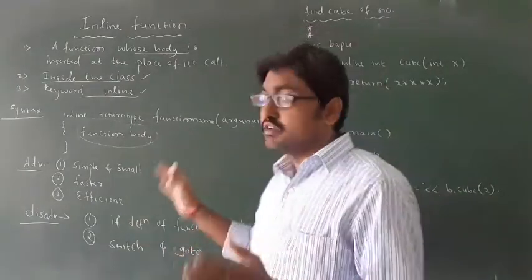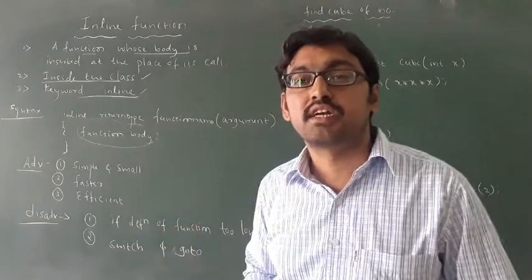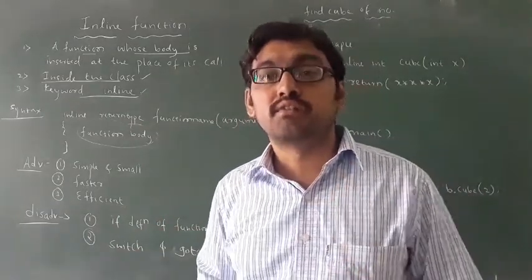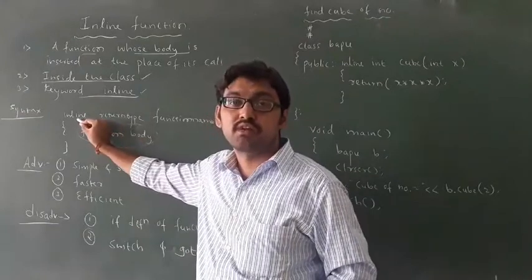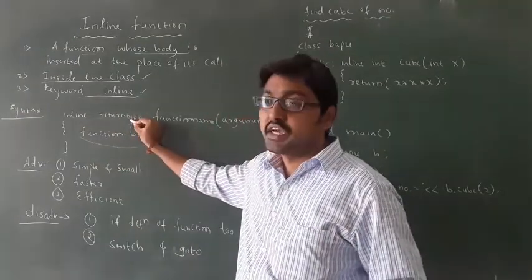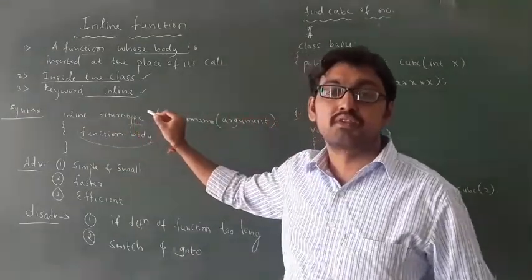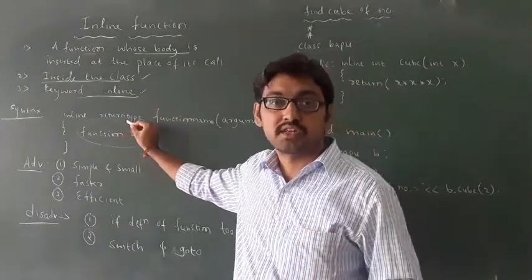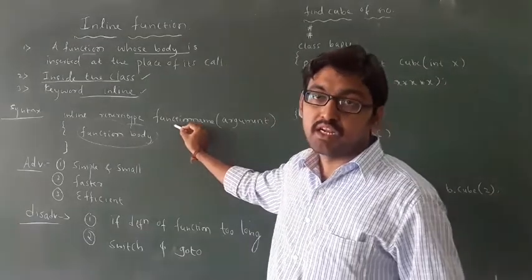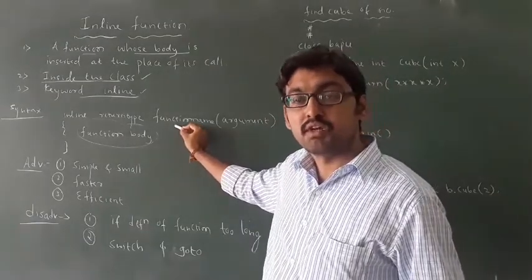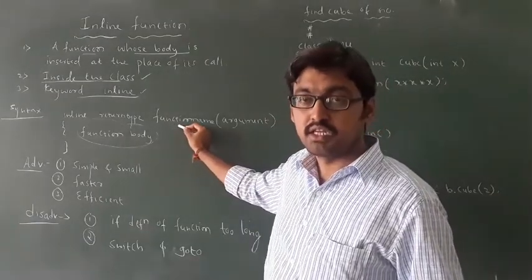Okay, in last year's exam, a 2 marks question was asked: write the syntax of an inline function. Inline function syntax always starts with the keyword inline. Then the return type, meaning data types: int, float, char, double, anything you can take. Then the function name, cube of a number or any function name.